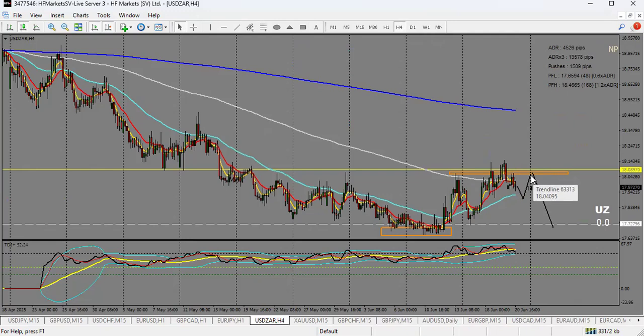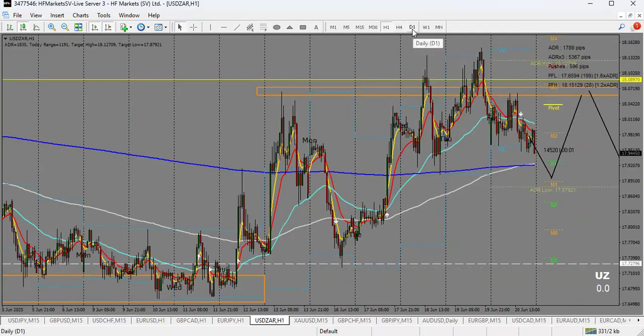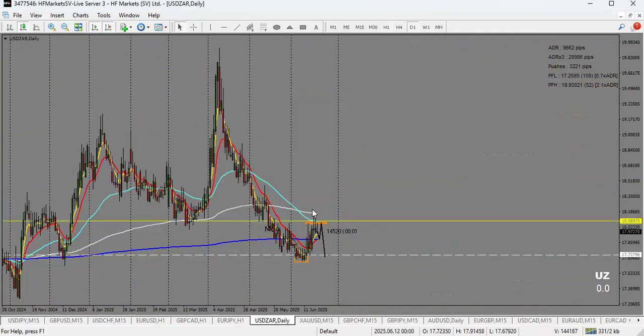Okay, so this is a suggestion of how USD ZAR might play out because of the rejections it is showing around this area, suggesting that we might continue going down.